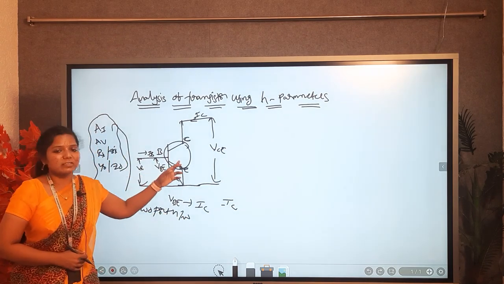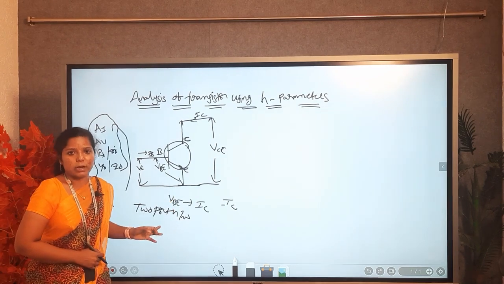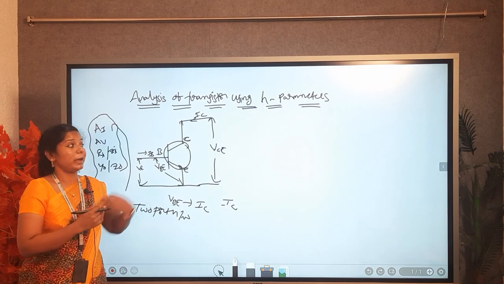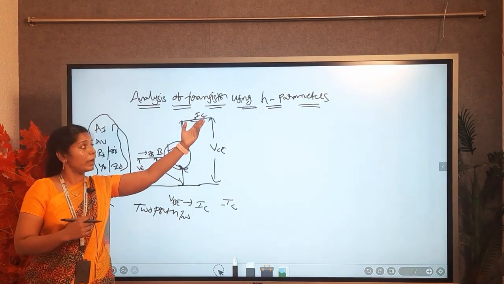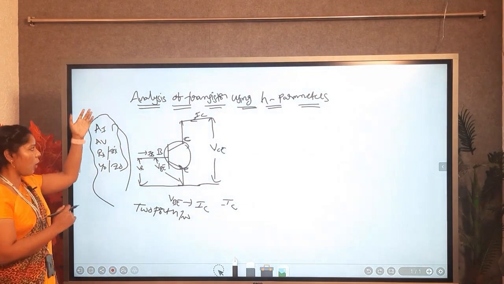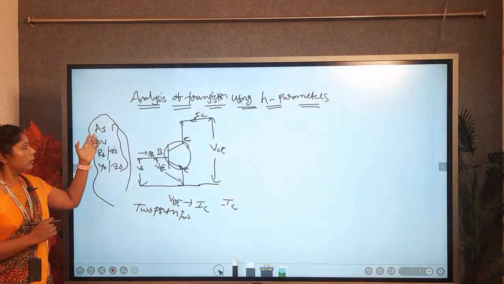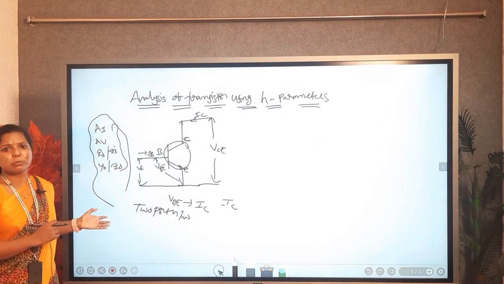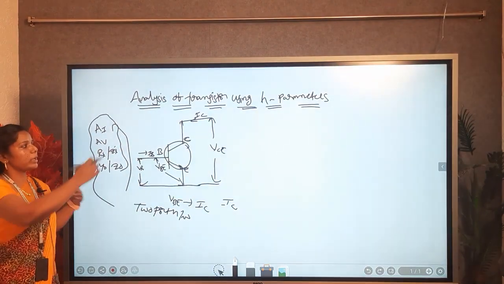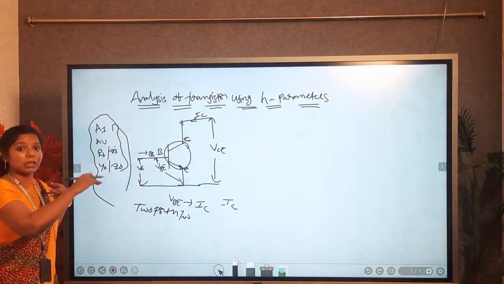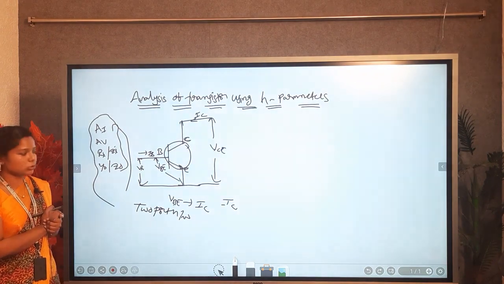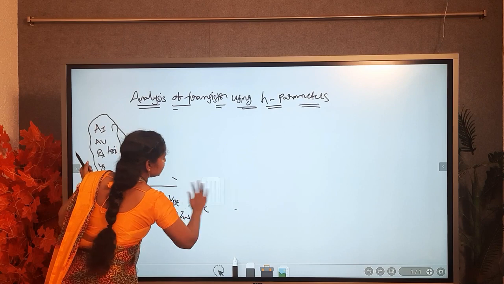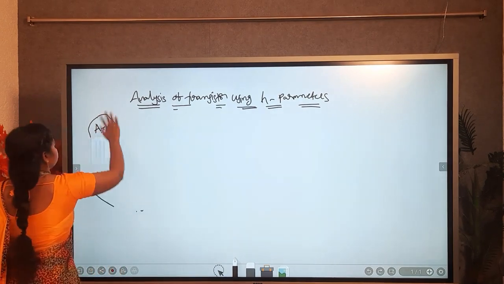So instead of the transistor, we are using the two-port network.